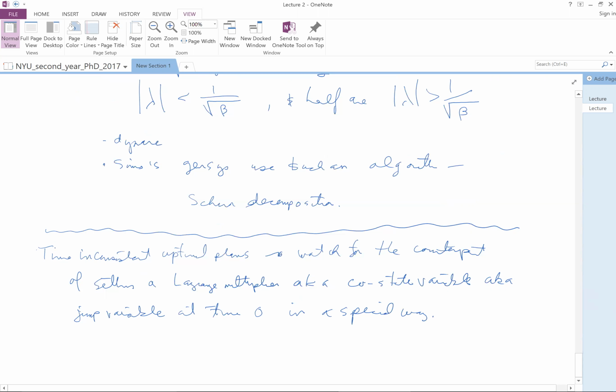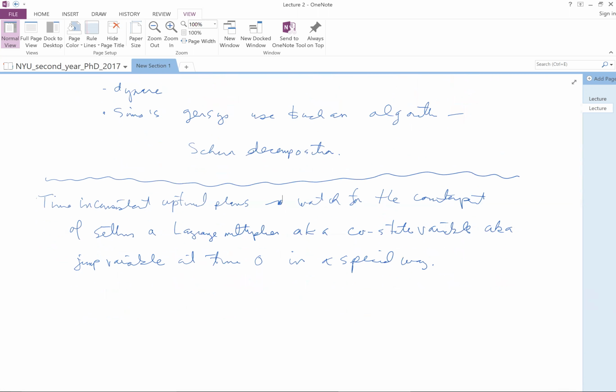That's one thing we're going to have to watch for. So the ideas that we talked about are going to come back and make an appearance in another context where we might not expect them.